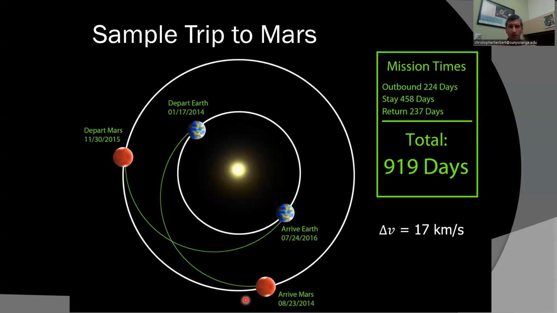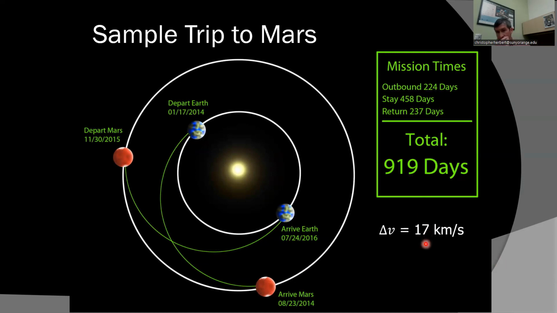Now, for a space probe, that's no problem. When we drop the Mars rovers off, we are not expecting them ever to return. For human missions, this would be quite a commitment for somebody to travel to Mars, even if they intend to return. And that's about 919 days.